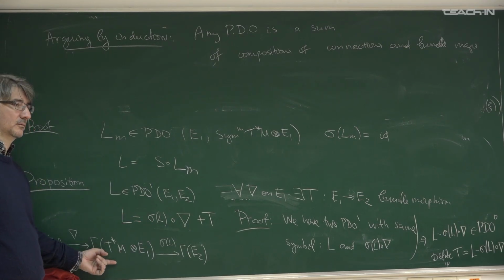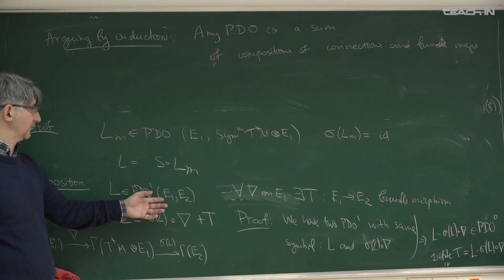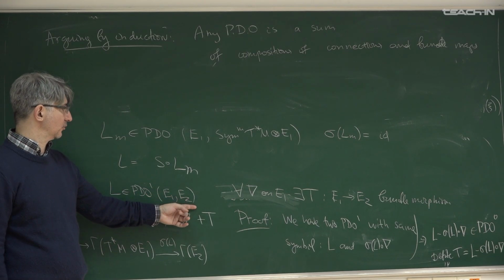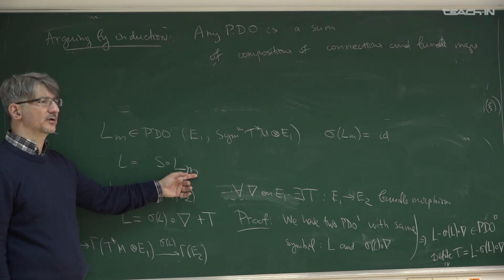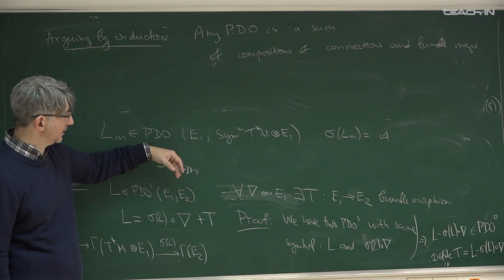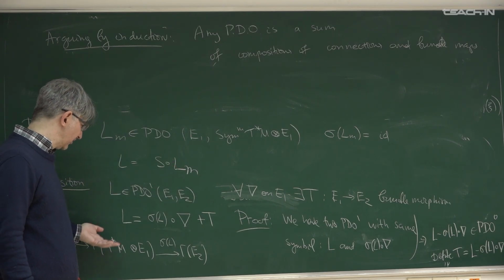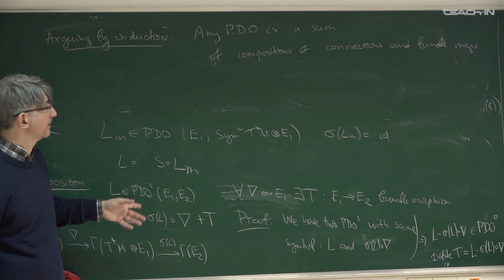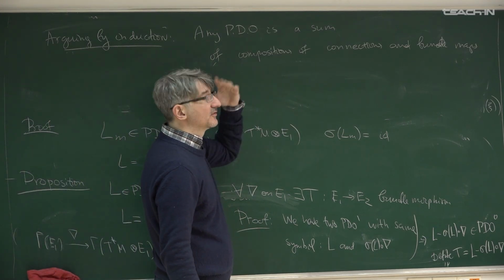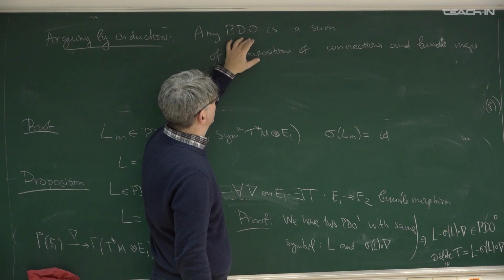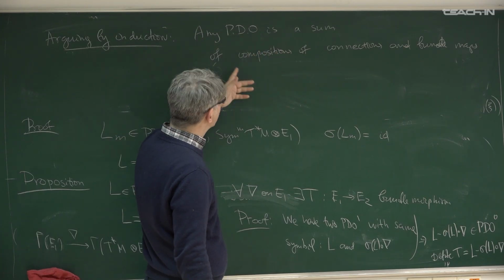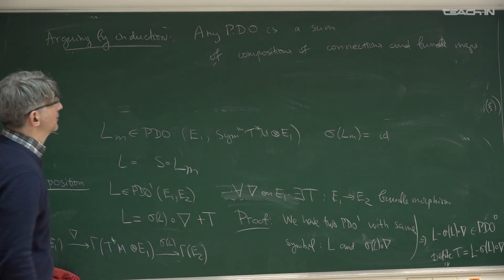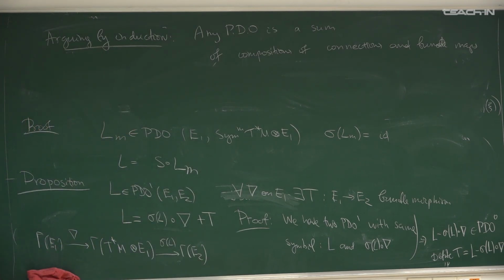If you want to start from sections of E1 and obtain sections of E2, and your operator is of order m, then in between you can obtain vector bundles of more difficult structure. But nevertheless, it looks understandable that any partial derivative operator is a sum of compositions of connections and bundle maps in different orders. That's all. These are very simply structured things. So the building blocks are very simple: connections and bundle maps.